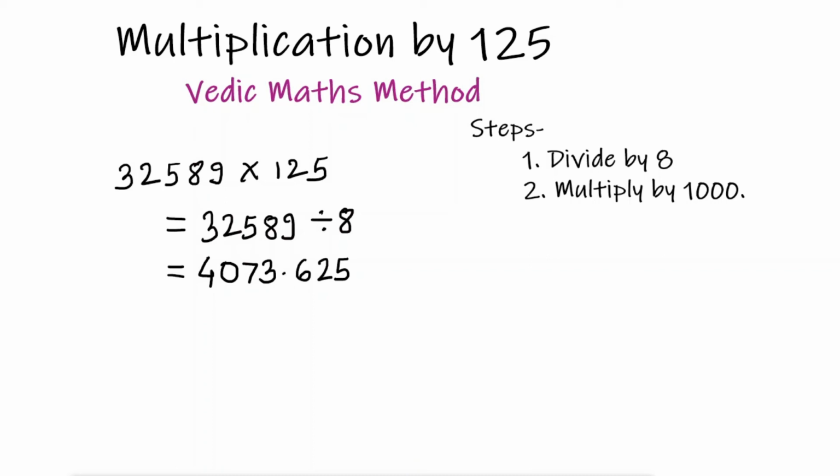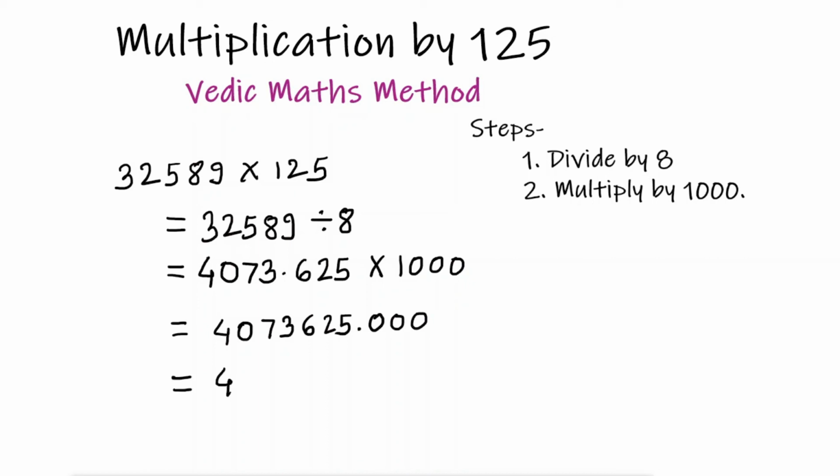Now the next step is simply multiply this number by 1000. And what is the answer? 4073,625.000. But there is no use of zeros, that's why the final answer is 4073,625.